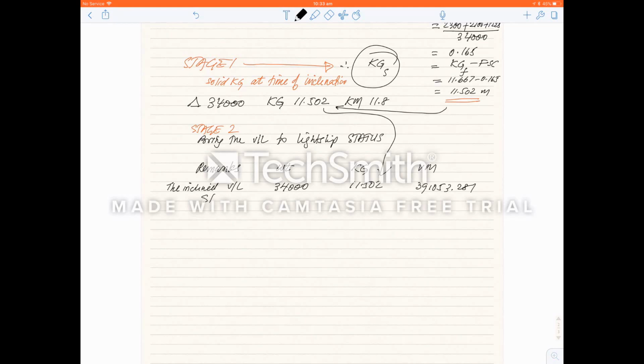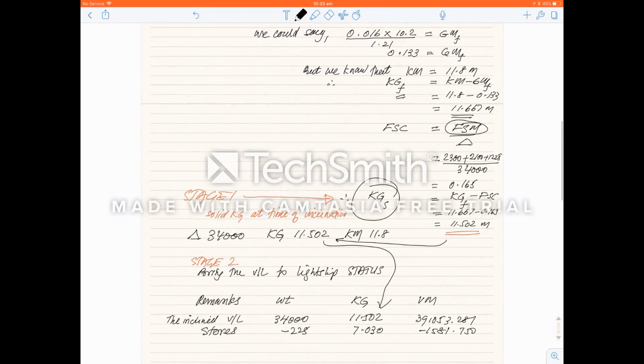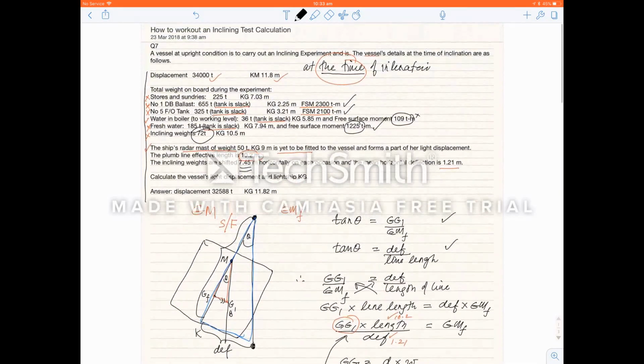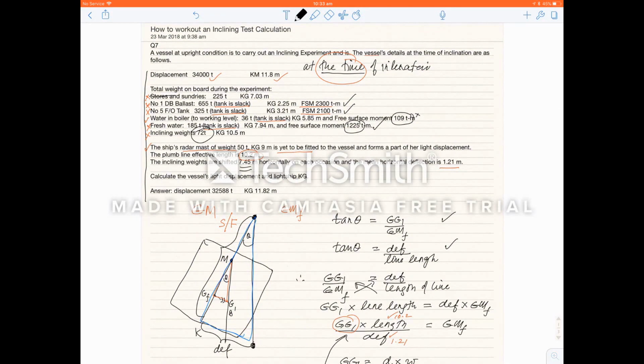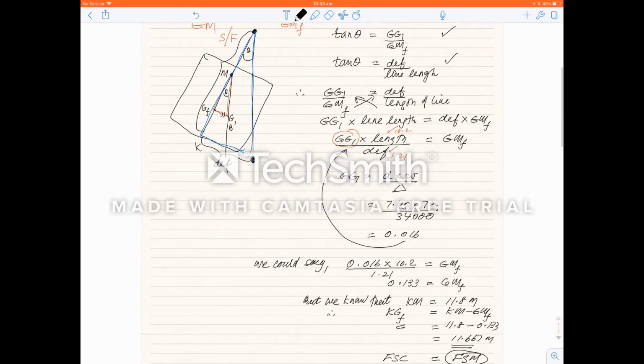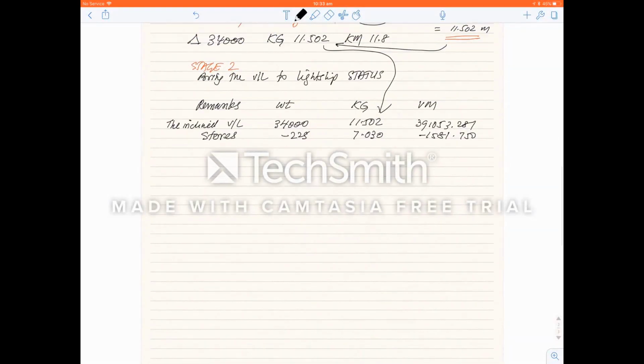We have some stores which have to be taken out because they're not part of your light ship. So what you do is, when you are taking it out, you keep striking this off. You have now taken that into account. Next one is bunkers.